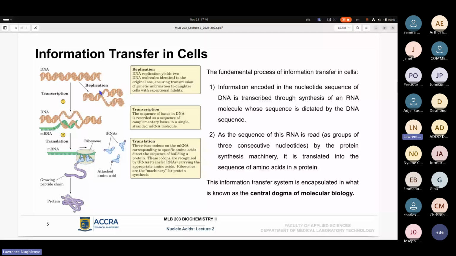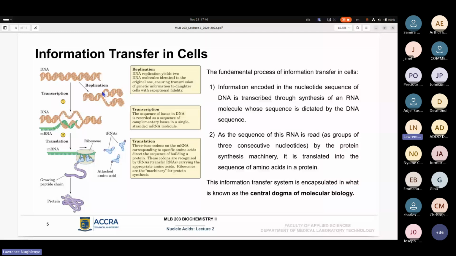Now you see that the first video showed the synthesis of a new DNA molecule from an old one, which was referred to as a semi-conservative process, because in the end you are going to have two DNA molecules that are each made up of one old strand and one new strand.